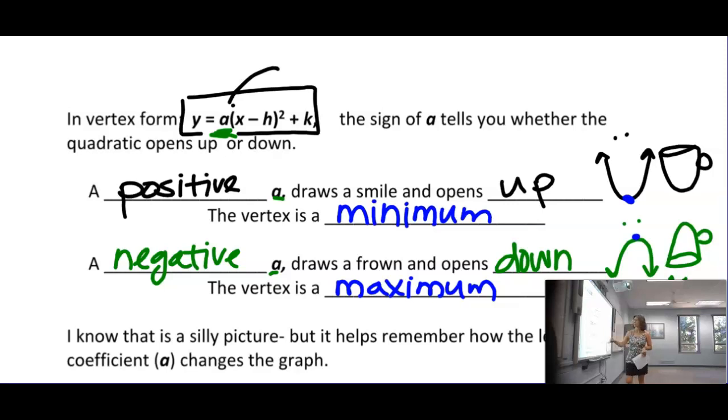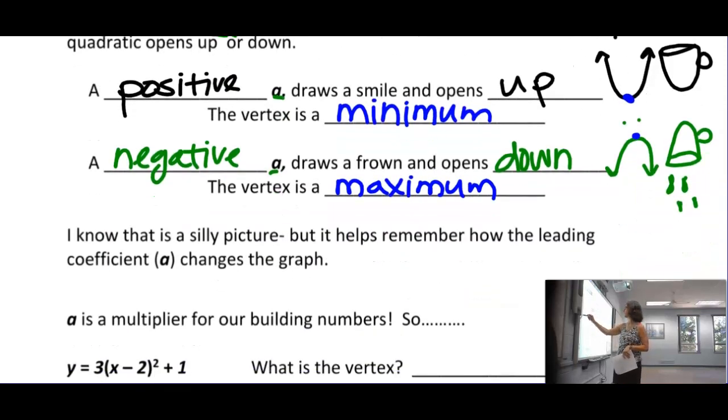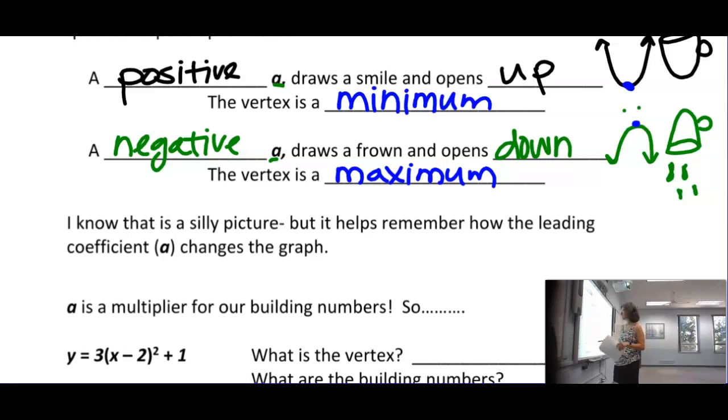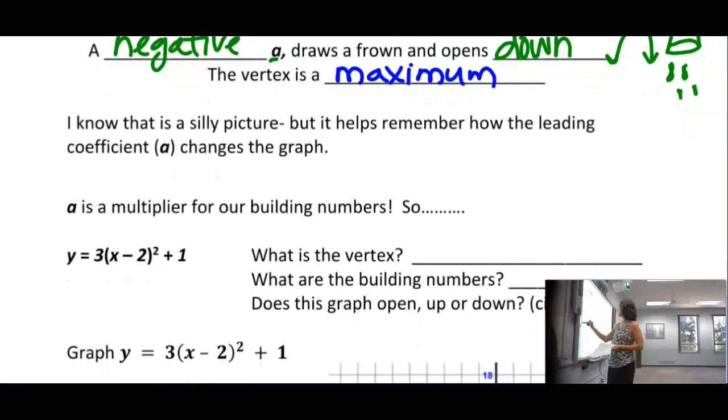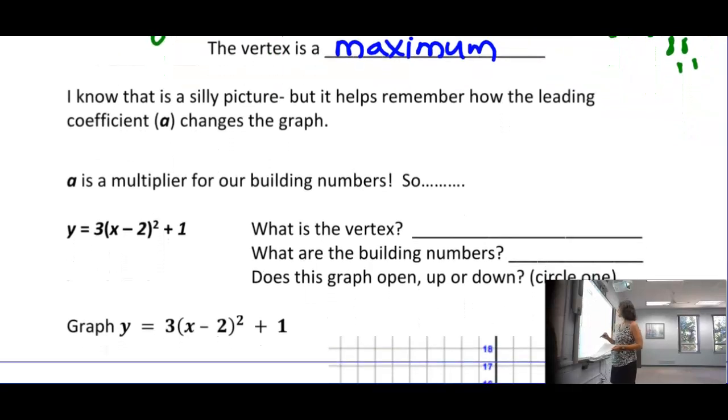And then my coffee spills out, and that's a bad thing, right? That's negative when Mrs. Hart loves coffee spills out. So, going down. All right, I know that's silly, but it helps us look at how A can change things, okay? A changes our graph up or down. If it's positive, it's up. If it's negative, it's down.